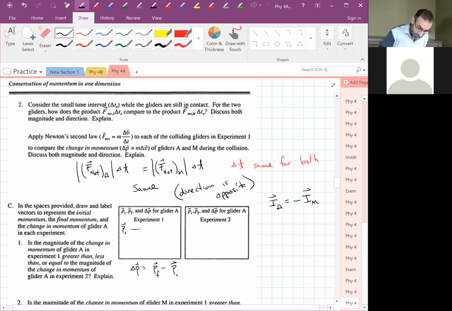P initial looks something like that. P final looks something like this. So delta P is P final minus P initial, right? P final is this one.